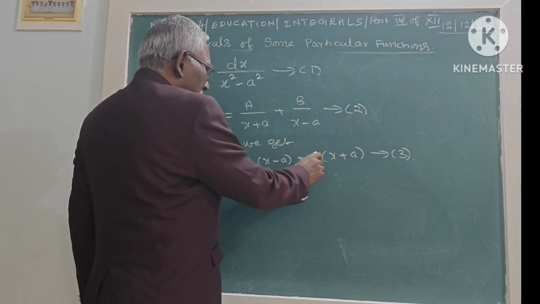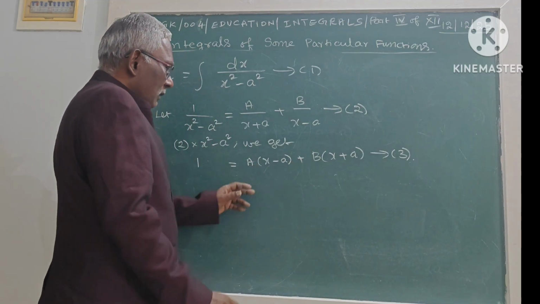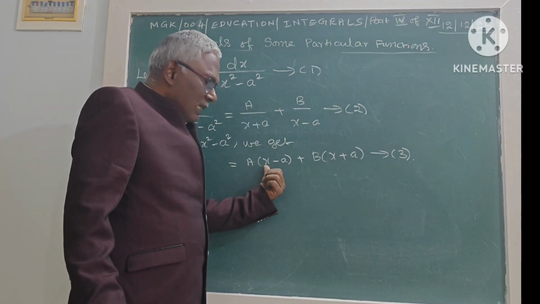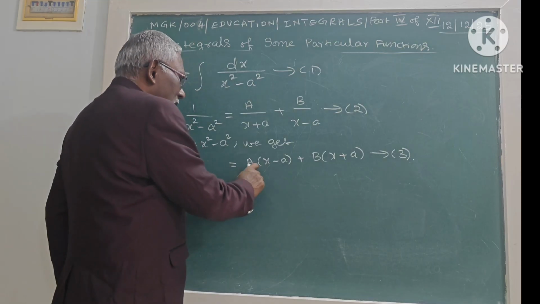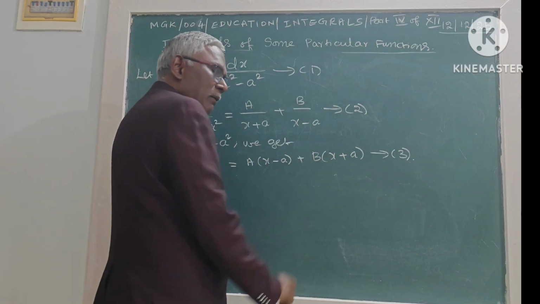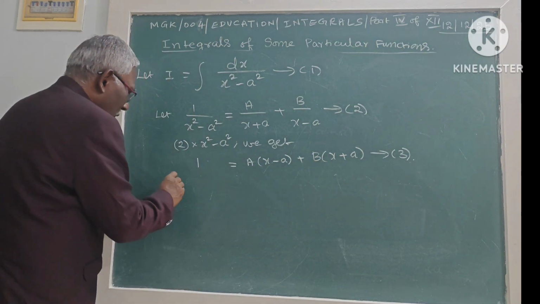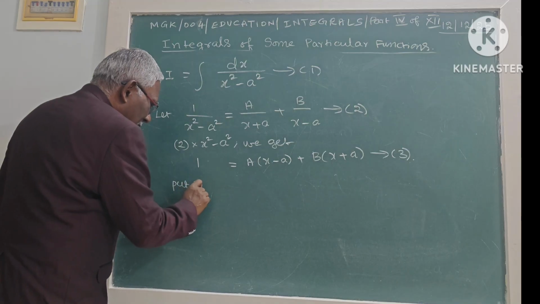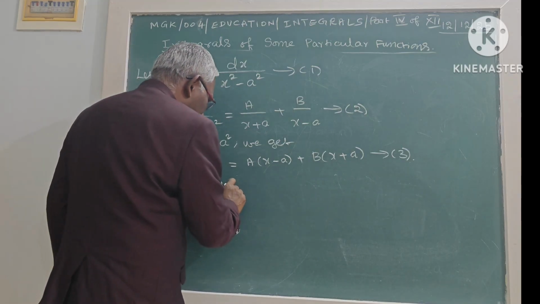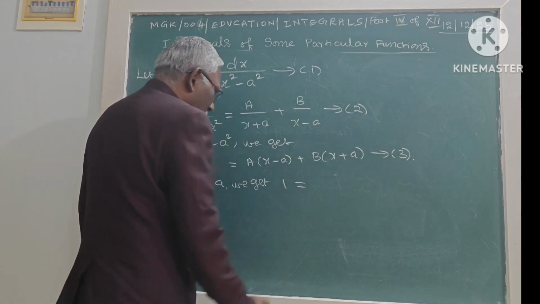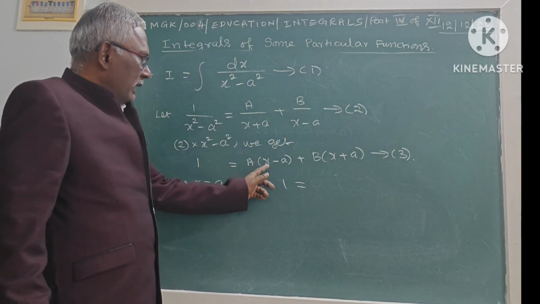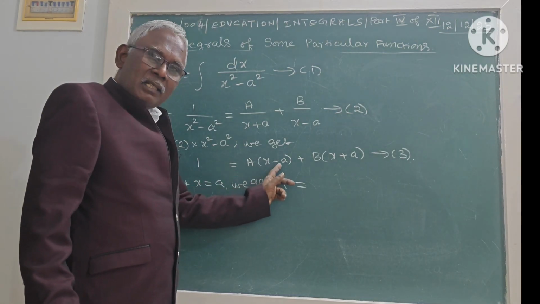Now, we have to find the values of A and B. First substitute x is small a, so that this term will become 0, and we can find the value of B. So put x is equal to a, 1 is equal to, once you put a minus a, 0.